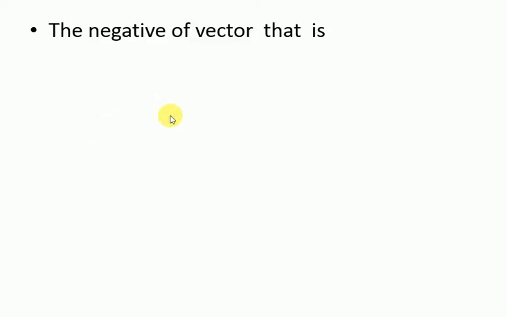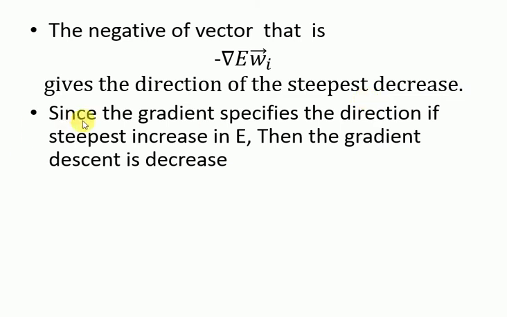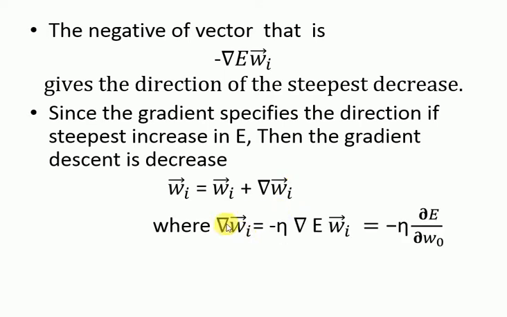Now the negative of this vector, that is minus the gradient of E of w, gives the direction of the steepest decrease. Since the gradient specifies the direction of the steepest increase in E, the steepest decrease is given by minus gradient of E of w.